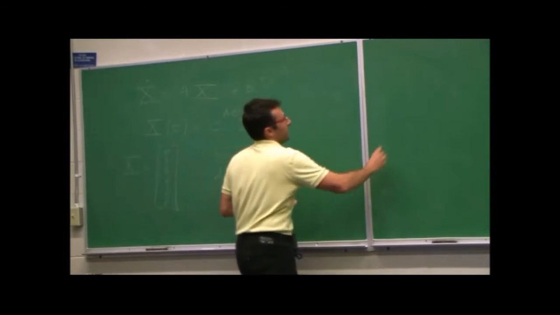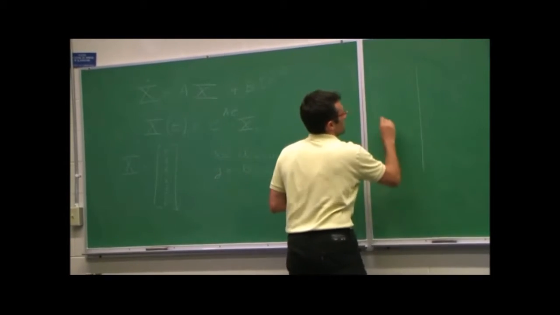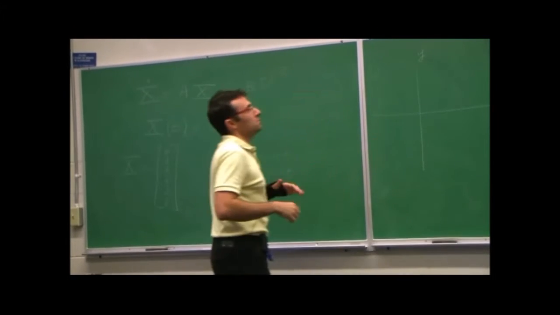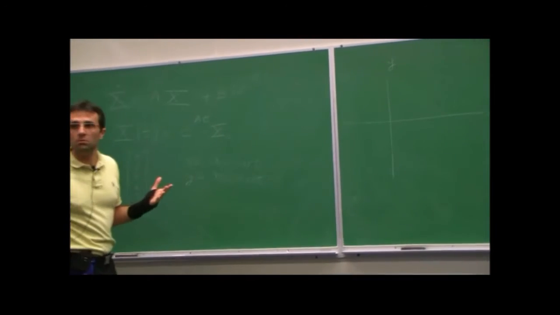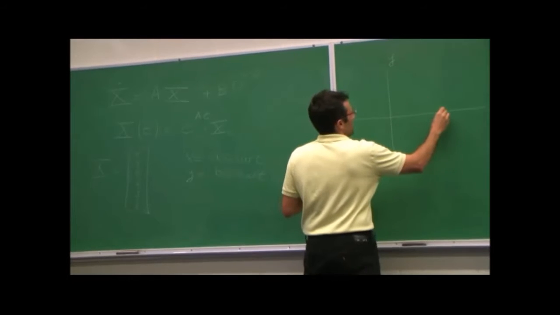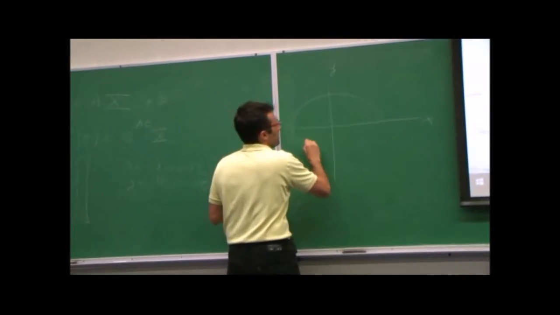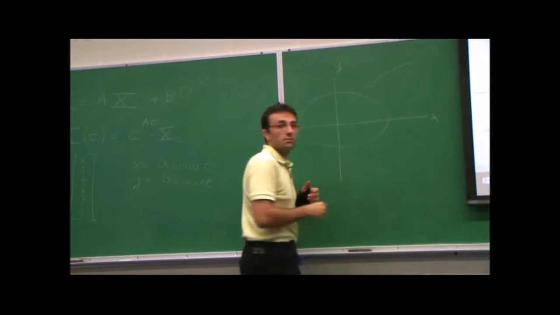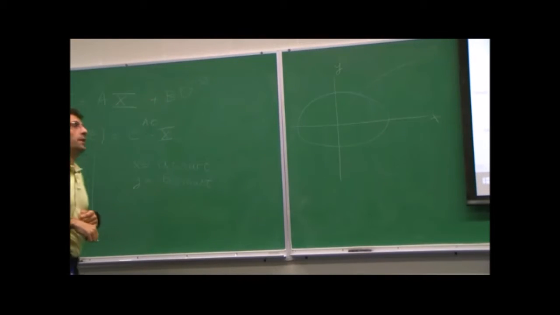In an xy plane, without being detailed at all, what kind of trajectory do you expect? Open, close? Should be some kind of closed trajectory, right? If A is greater than B, it will be something like this, for example. It could be, right? But it's definitely not going to be something like this. Correct? Okay.